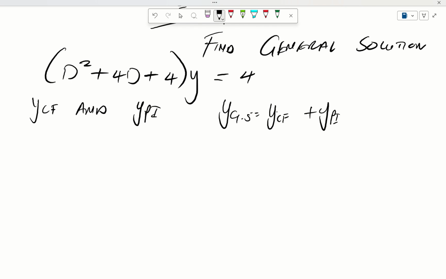So the first thing that we find, step number one, is the YCF. To find YCF, you take D squared plus 4D plus 4 and equate it to 0. Then you find factors. The factors of this will be (D plus 2)(D plus 2), and both are plus.